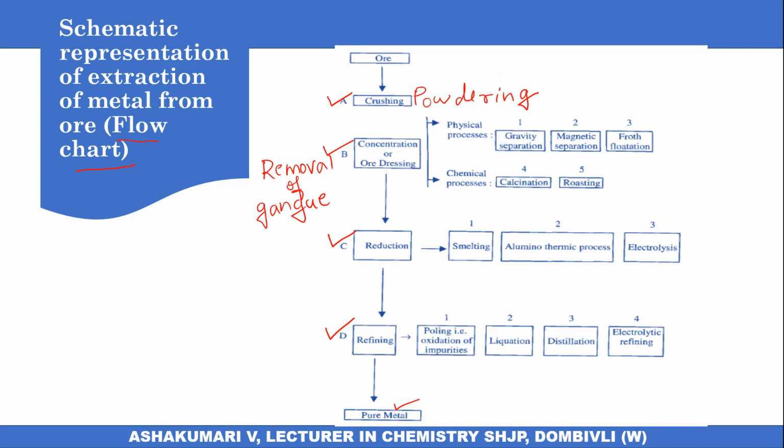Concentration is done by the following methods. One is physical process and the other one is chemical process. In the physical process, there are 3 different methods: gravity separation, magnetic separation, and froth flotation. In the chemical process, there are 2 methods: calcination and roasting.